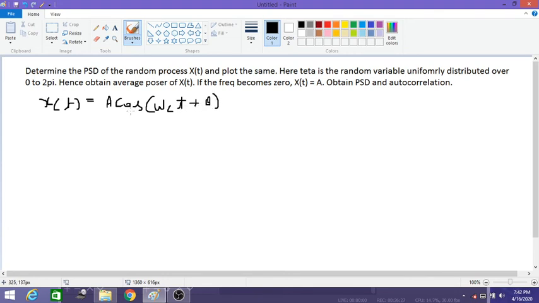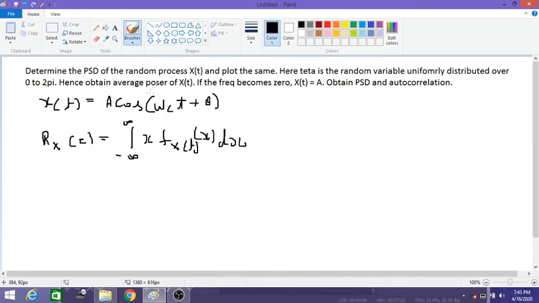Now we have to find the autocorrelation of this function, and then we have to find its power spectral density. To find the autocorrelation function, remember, our definition of Rx of tau is an integral from minus infinity to plus infinity of x times fx of x dx.